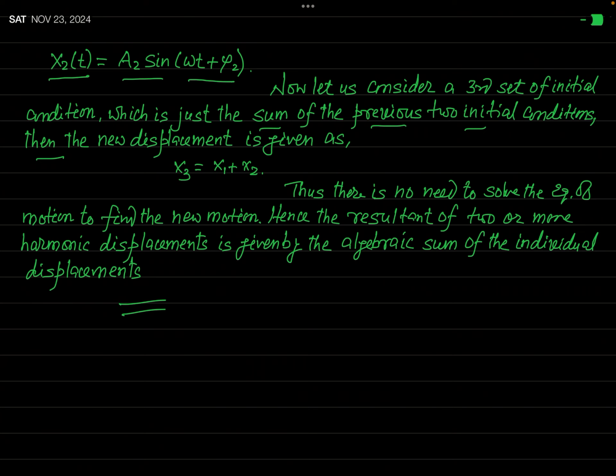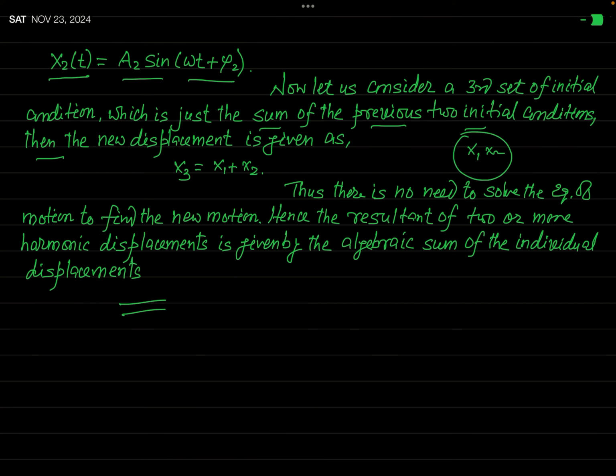When you say the sum of the previous two initial conditions, that means we will give an initial displacement equal to the sum of the initial displacements corresponding to x1 and x2. And we will also give the initial velocity, which will be the sum of the initial velocities in the case of x1 and x2.